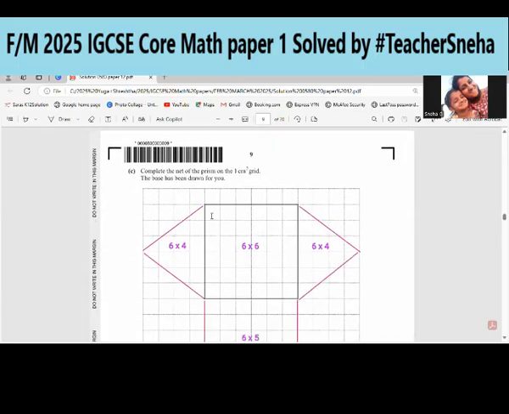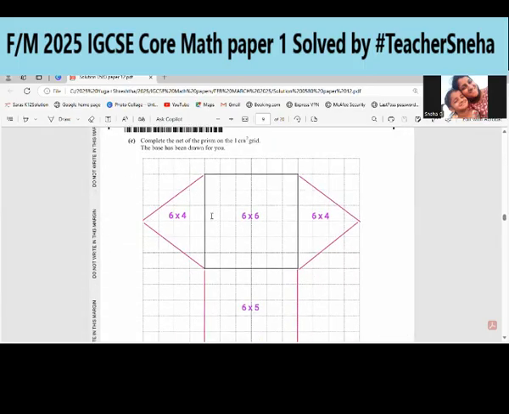Moving ahead with the next part of this question, it says, draw the complete net of this prism, and the base was drawn. So the base was 6 multiplied by 6 centimeter. That was the base face of the rectangle. On either side, there were 2 triangular shapes. So that were of the length 6 multiplied by 4.